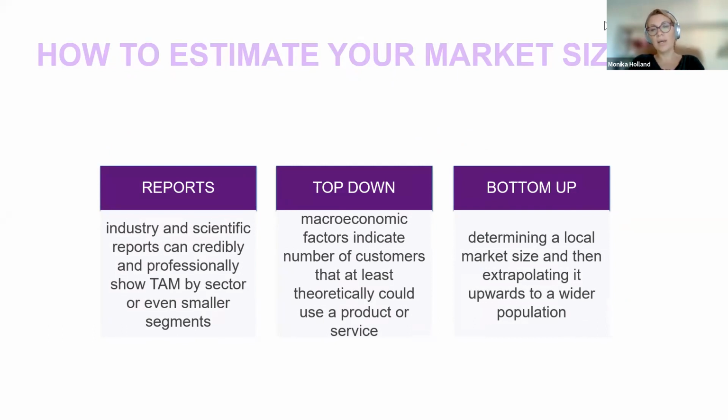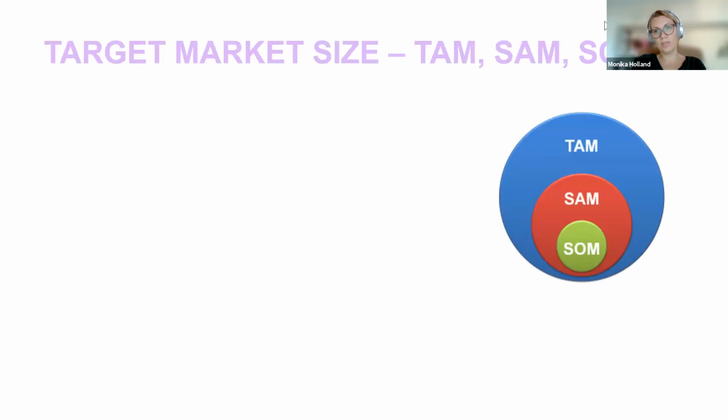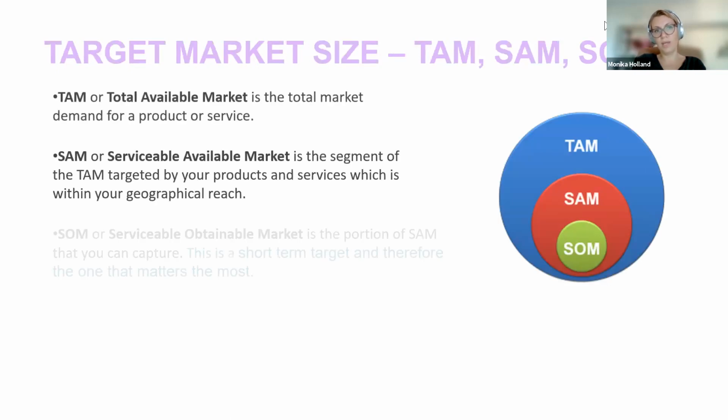And we can estimate how many people are in each of those groups. We have gathered the information, then we can start thinking about the methods that we can estimate the market. Let's talk about TAM, SAM, and SOM.